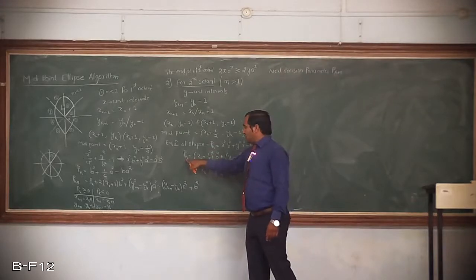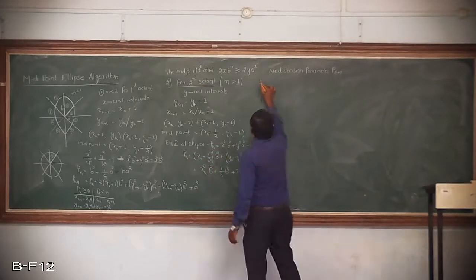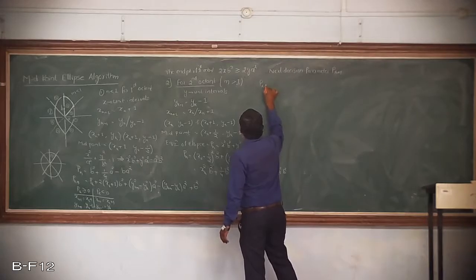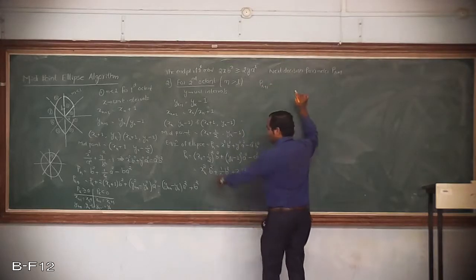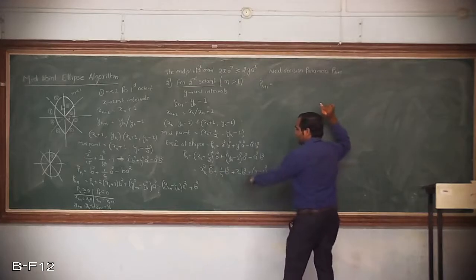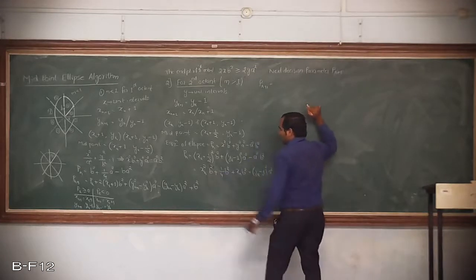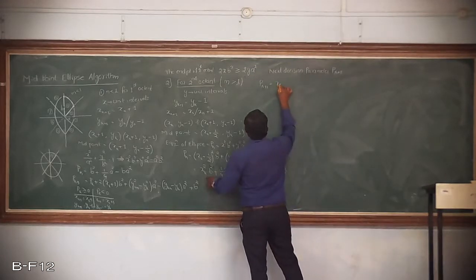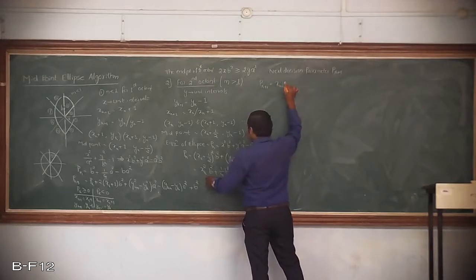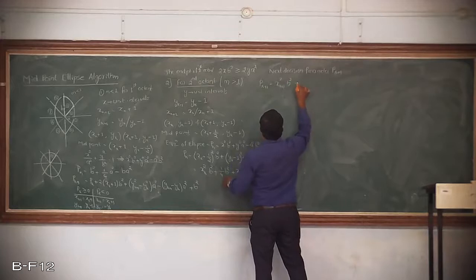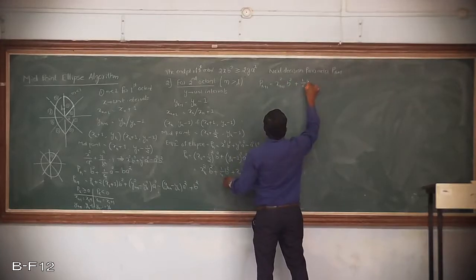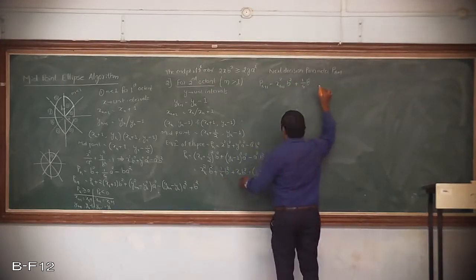So pk plus 1 will be equal to, wherever suffix k is there, I change it to k plus 1. So here it is xk plus 1 whole square b square plus 1 by 4 b square. There is no suffix here, so leave it. Plus xk plus 1 b square.